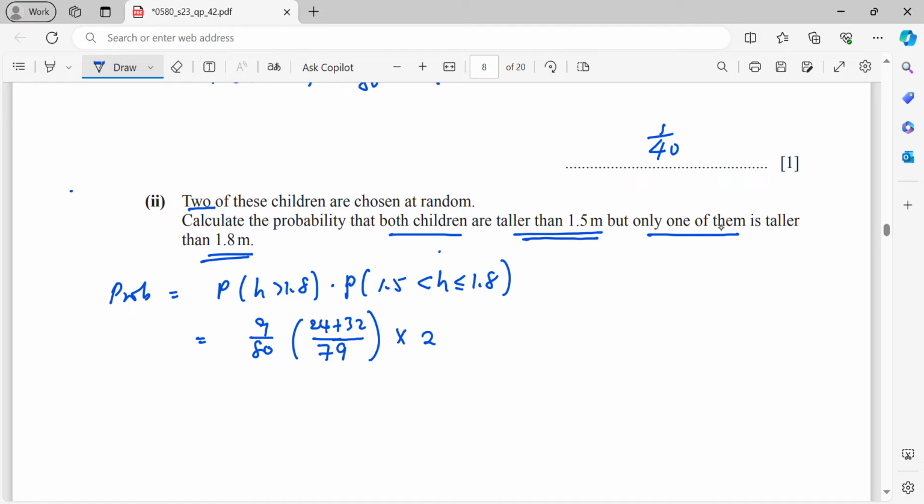Because maybe the first one is taller than 1.8 meters, or the second child is taller than 1.8. That's why you need to times 2. So from here, you will get 9 over 80 multiplied with 56 over 79. Then you times 2. So at last, you will be getting 63 over 395. So that's the probability of this part.